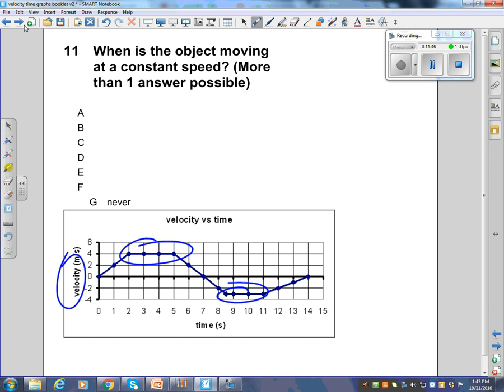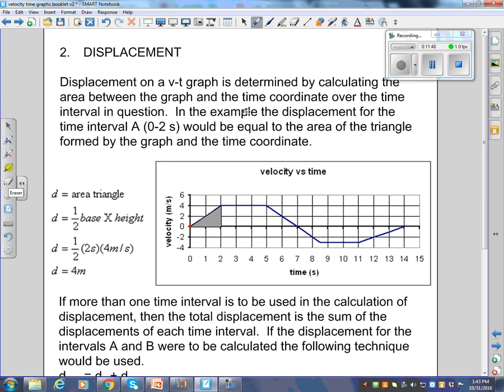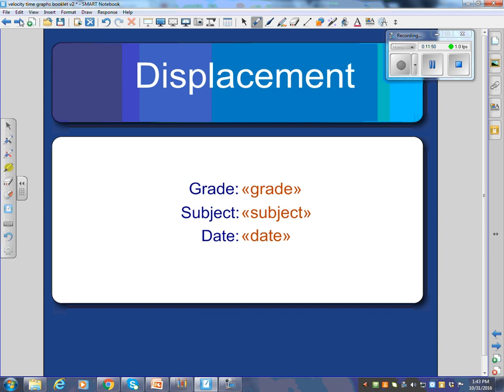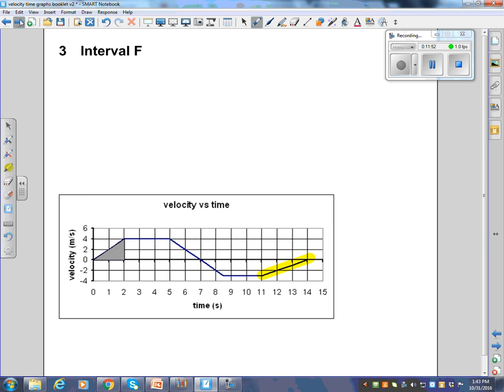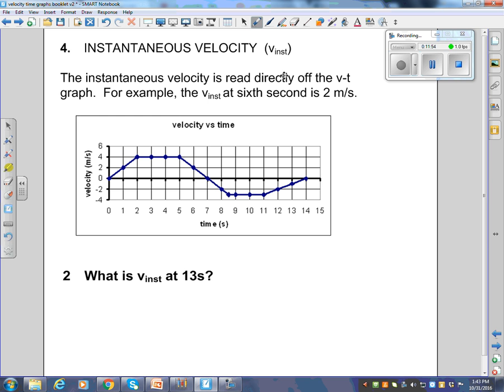Now, I'm going to do displacement tomorrow, so I'm going to skip over that. I want you to go to the next one, where I think it's on the 3rd page, where it says instantaneous velocity. Can you find that? It's on like page 3, I think. Got it?